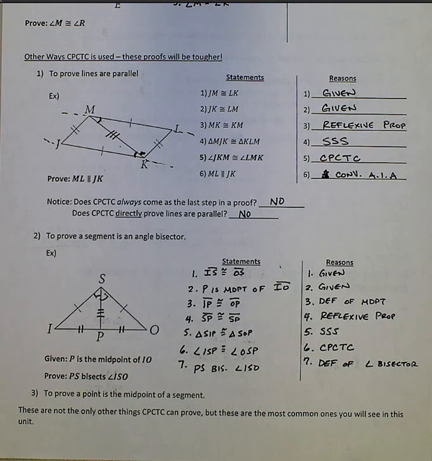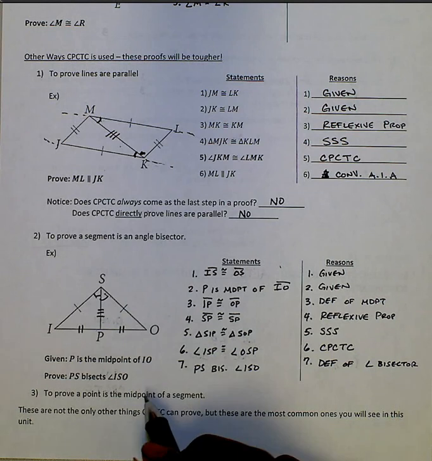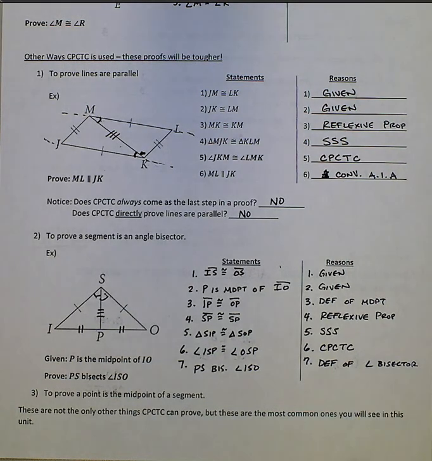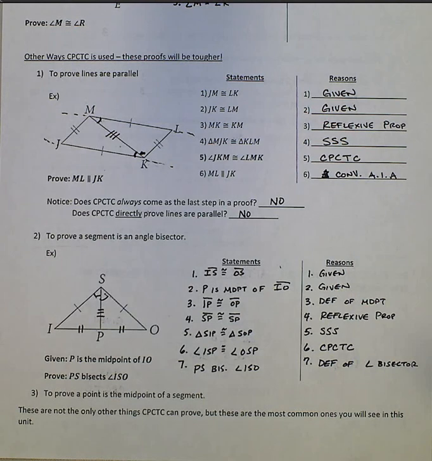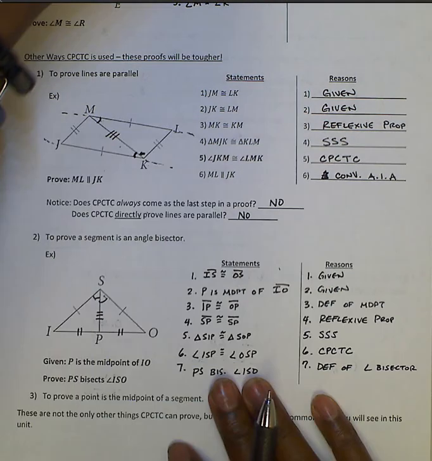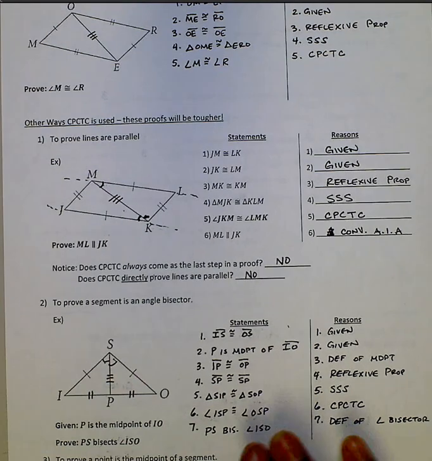Okay, you could also use CPCTC to prove a midpoint of a segment. And these aren't the only reasons that you would use CPCTC, but I want to show you that you can use that to kind of further your proof, more than just saying that two things are equal to each other. All right, that's CPCTC, using corresponding parts of congruent triangles. I will see you later.